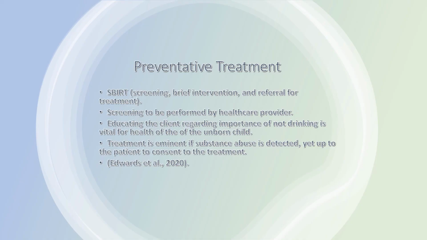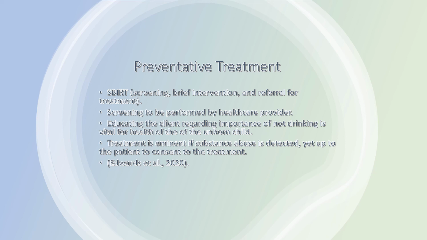Preventative treatment. SBIRT is screening, brief intervention, and referral for treatment. This screening is to be performed by a healthcare provider. It helps to assess for substance abuse, alcohol, any type of drug use.